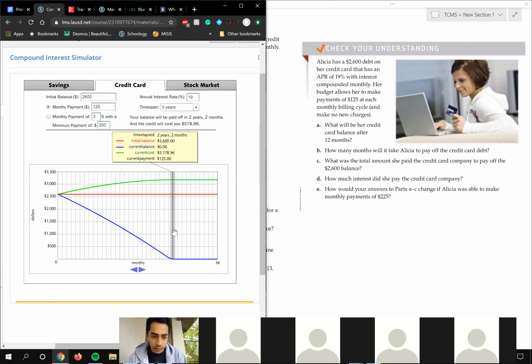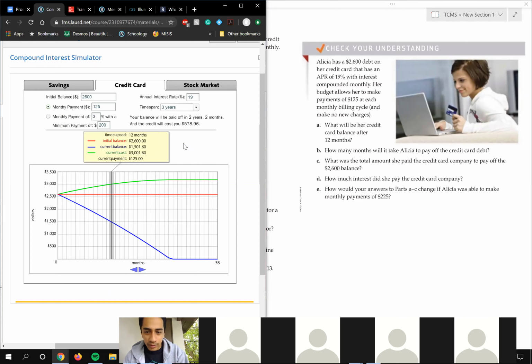Okay, so for answering part A, it's asking what will her credit card balance be after 12 months? So let's find out after 12 months. All right, so her credit card balance, well, that's the current balance, right? So not the initial, because the initial is always going to stay constant. So the current balance is $1,501.60.